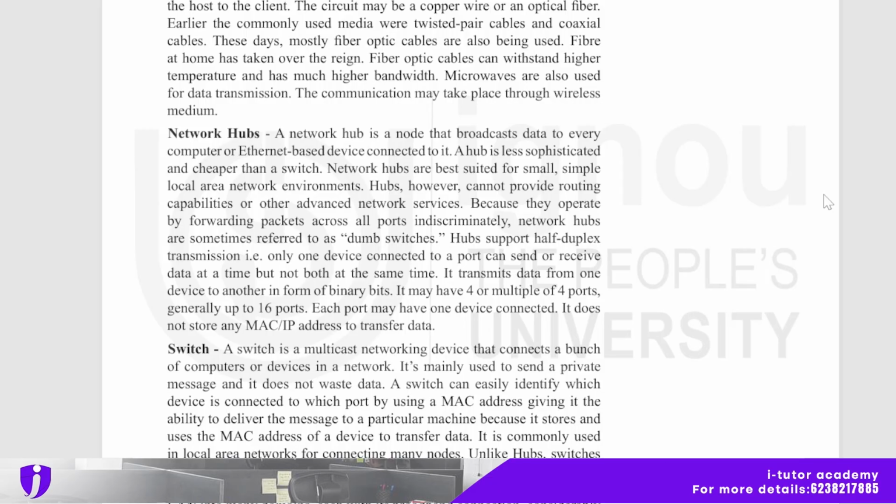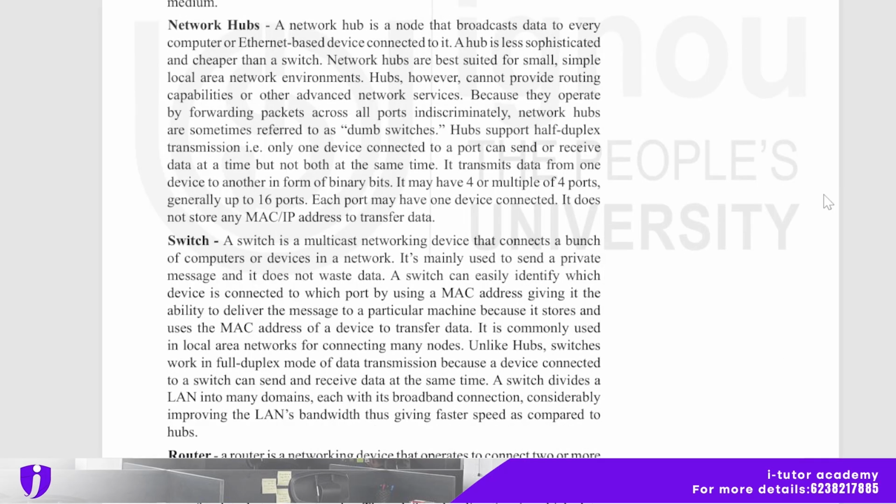Hubs, however, cannot provide routing capabilities or other advanced network services because they operate by forwarding packets across all ports indiscriminately. Network hubs are sometimes referred to as dumb switches. Hubs support half duplex transmission. Only one device connected to a port can send or receive data at a time, but not both at the same time.